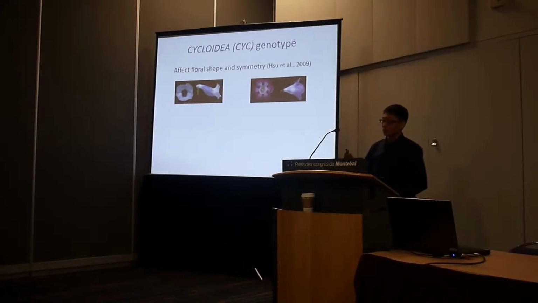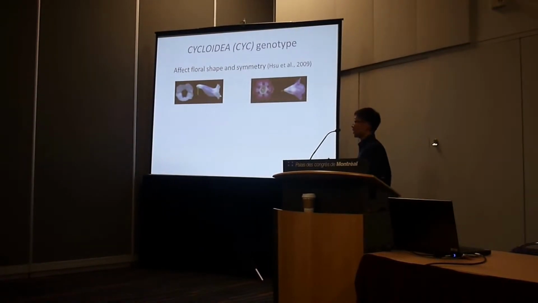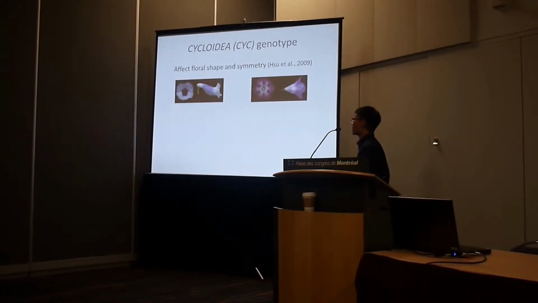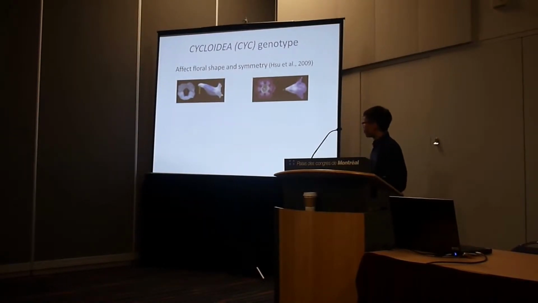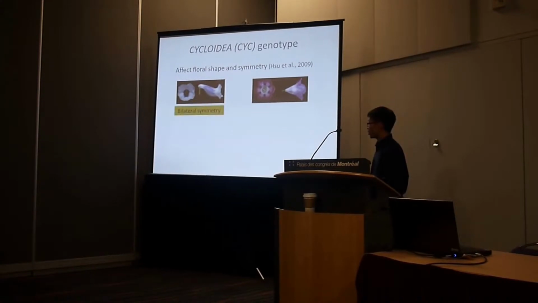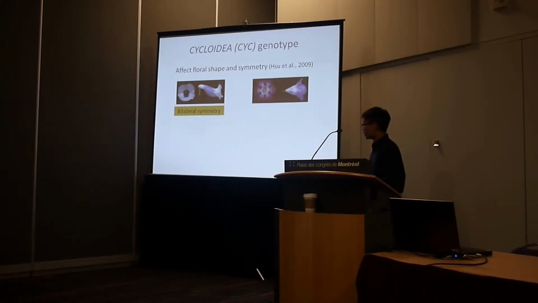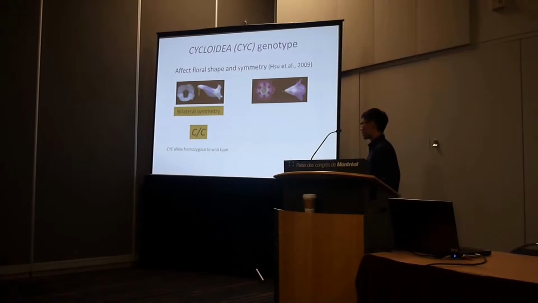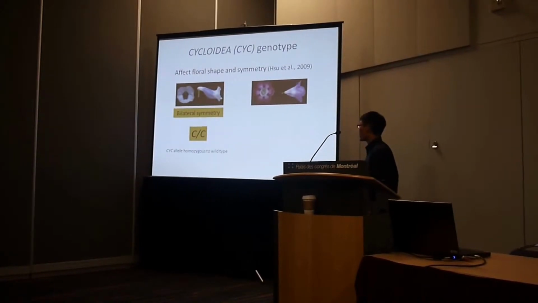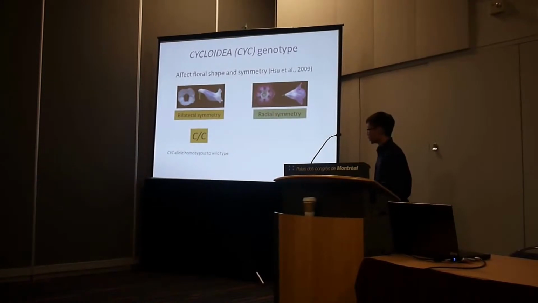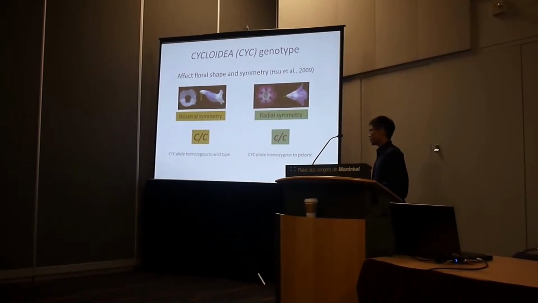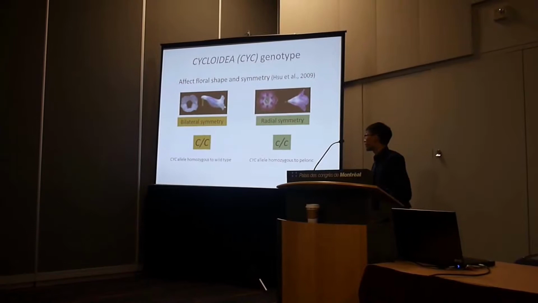From previous research, we know that there is a gene called Sipa, which affects floral shape and symmetry. The wild type form, which is in bilateral symmetry, corresponds to the Sipa allele homozygous to wild type. And the peloric form in radial symmetry corresponds to the Sipa allele homozygous to peloric.